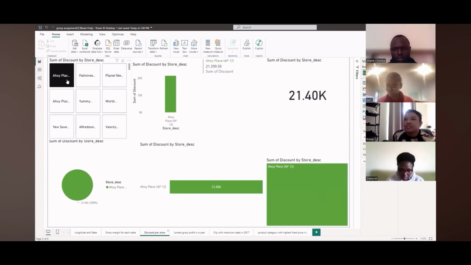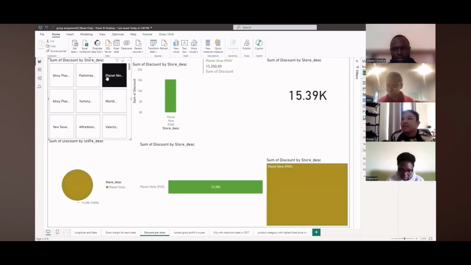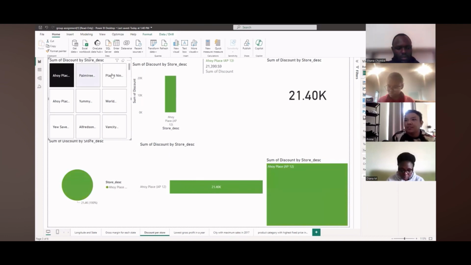As you can see, there are a lot of discounts per store. We can see here also Planet 9, which has a total discount of 15.39K. But the store giving the most discount is Ahoy Place at 21.40K.